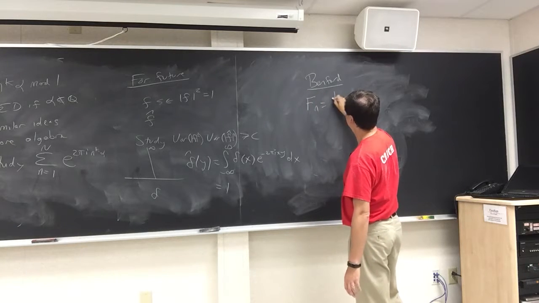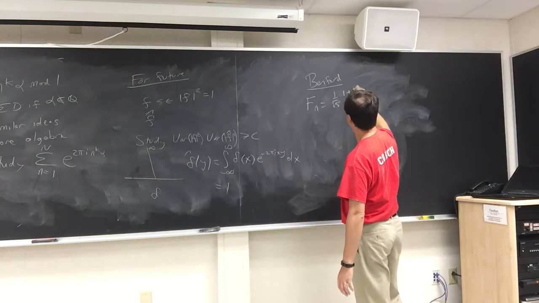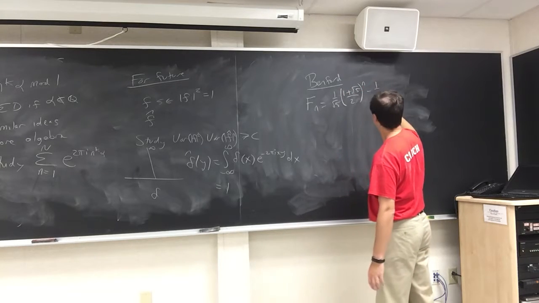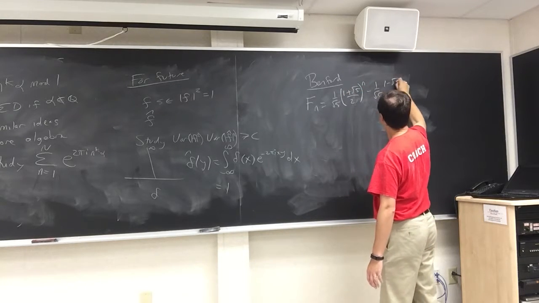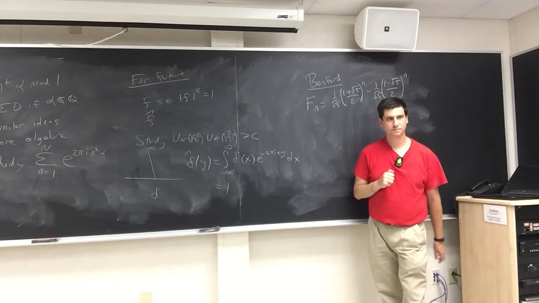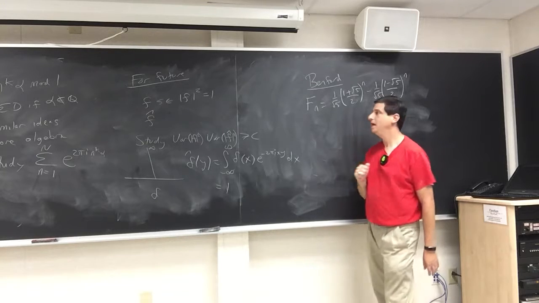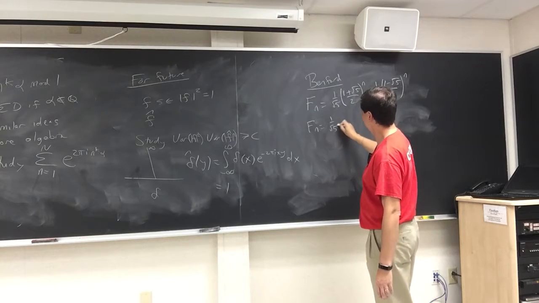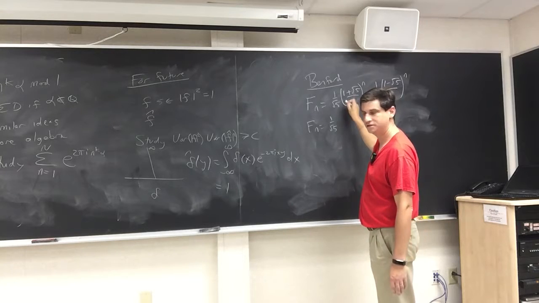So we know F_n is 1 over root 5, (1 plus root 5 over 2) to the n, minus 1 over root 5, (1 minus root 5 over 2) to the n. And we can write this as F_n is 1 over root 5. I'm going to use the golden mean for this.